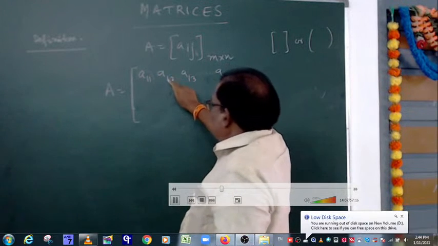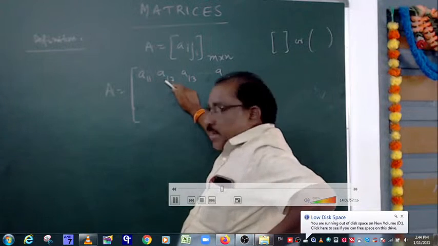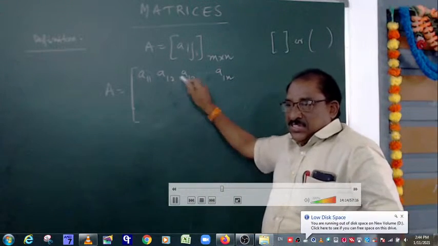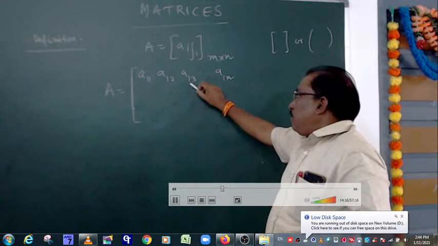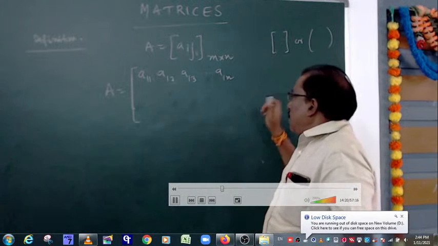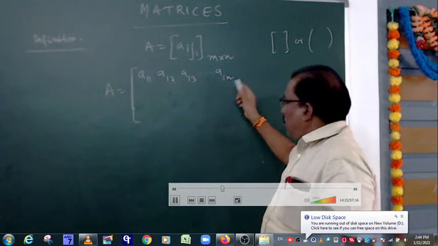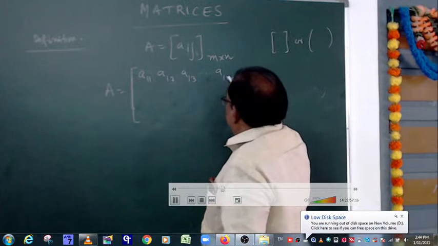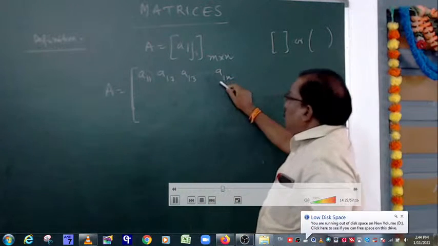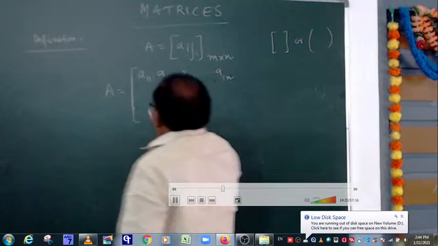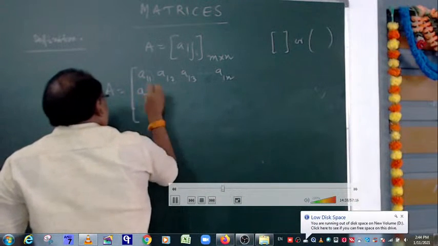A12 denotes the element in the position first row and second column. A13, first row, third column, like that. Lastly, how many columns are there? n. So A1n represents first row and nth column. So we finish, right?